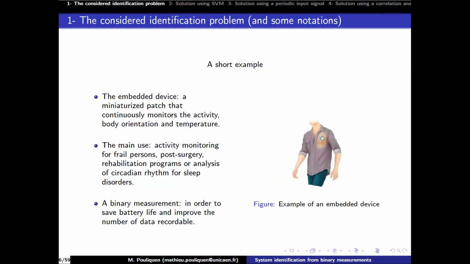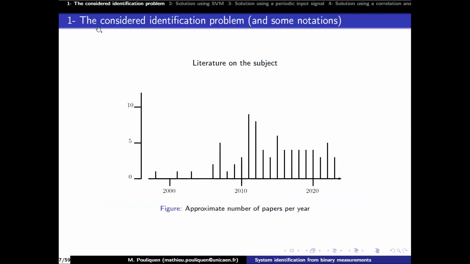There are several uses of this device: to monitor the activity of frail persons, circadian rhythm, and analysis of sleep, analysis of sleep quality. And the idea is to store only binary data because we don't have enough place in memory. It's just an example, among a lot of other examples.